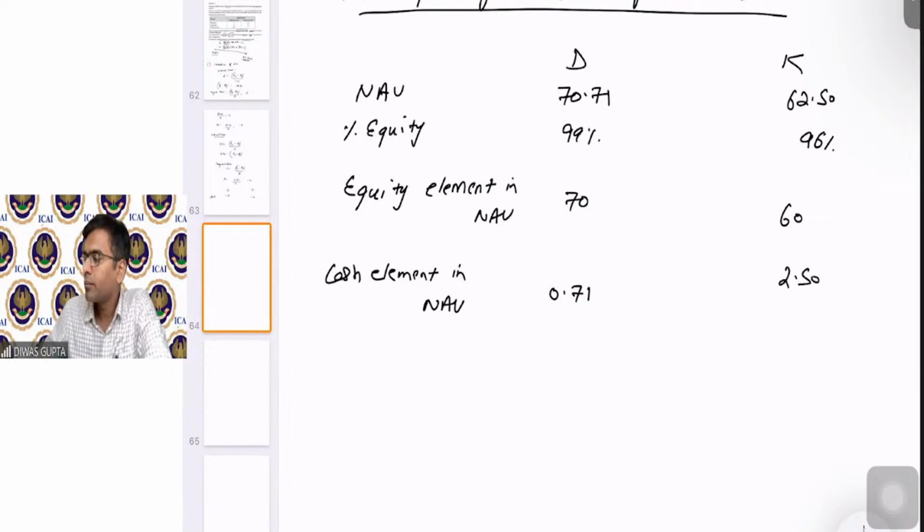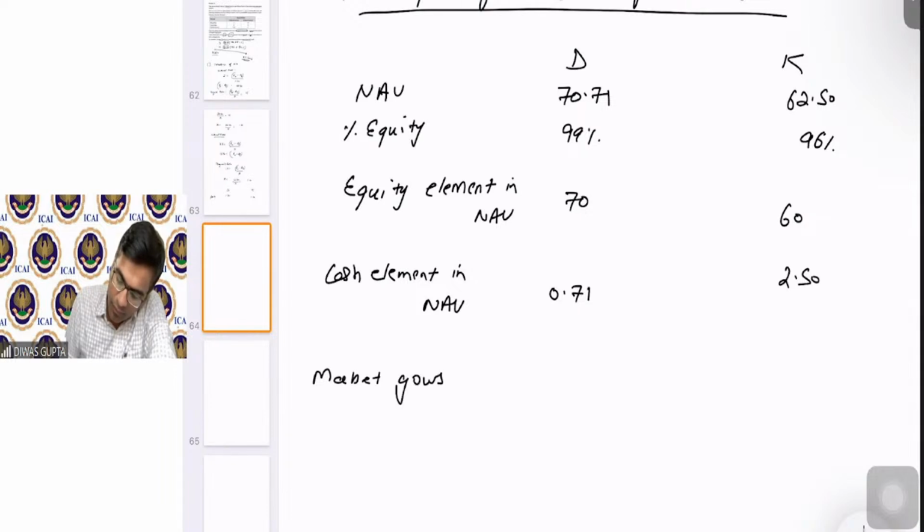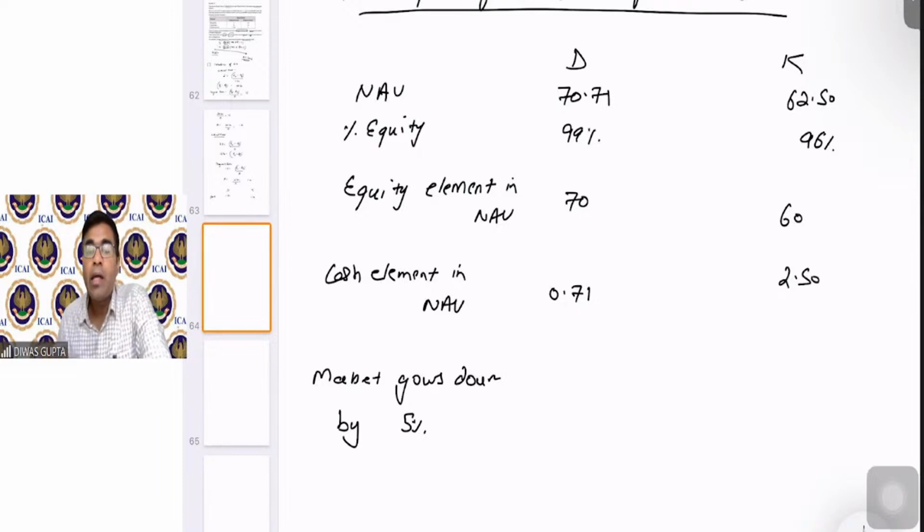Okay. Now, if the market goes down by 5%, the beta-adjusted market fall of 5% will be the impact on the respective portfolios, correct?